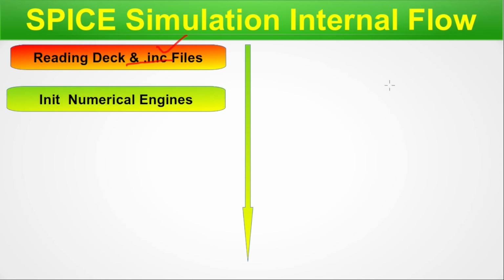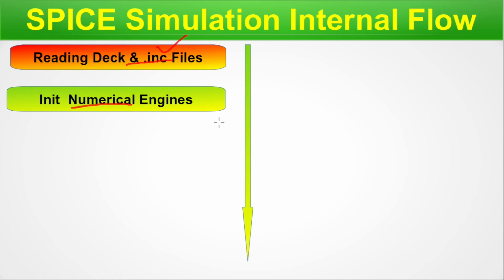Next is the init numerical engines. There are several numerical methods that you have learned at your undergraduate level, like bisection, Newton-Raphson, all these things. In this particular SPICE simulator, or any SPICE simulator which is netlist based, all these numerical methods exist and they are intelligently picked on a case-to-case basis, or there could even be a switch or an option to select a numerical method explicitly by the user.